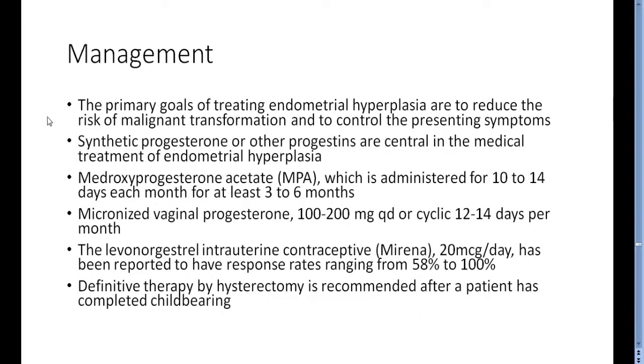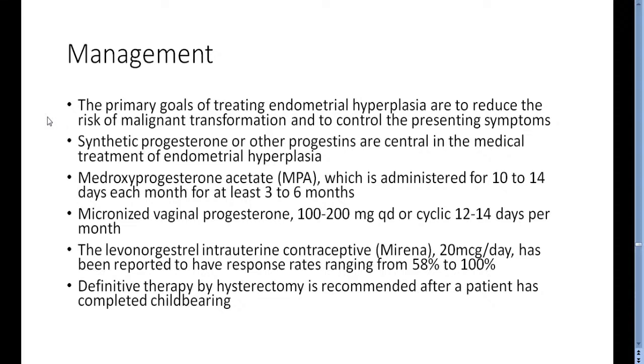The primary goals of treating endometrial hyperplasia are to reduce the risk of malignant transformation and to control the presenting symptoms. Synthetic progesterone or other synthetic progestins play the central role in the treatment of endometrial hyperplasia. In many Western countries, in European countries, in the United States, and maybe in your countries, you find this drug. The name is MPA, medroxyprogesterone acetate.